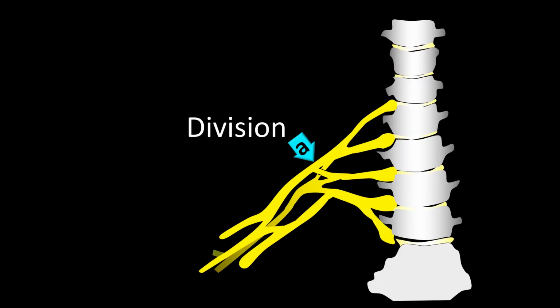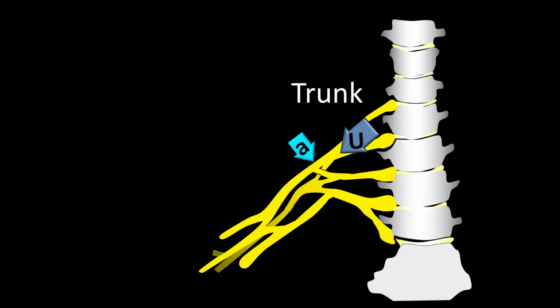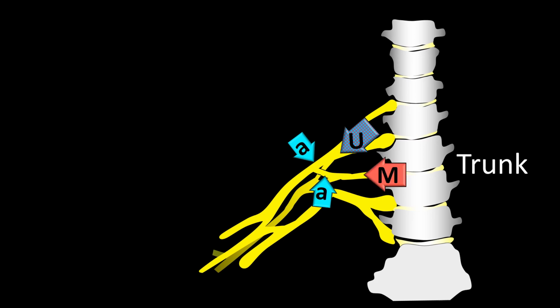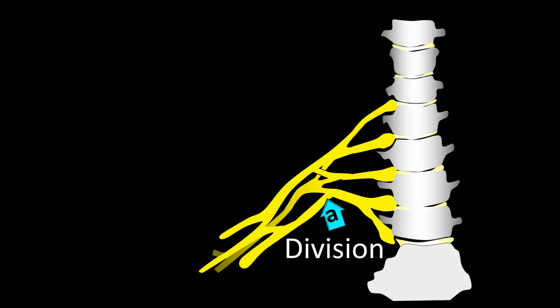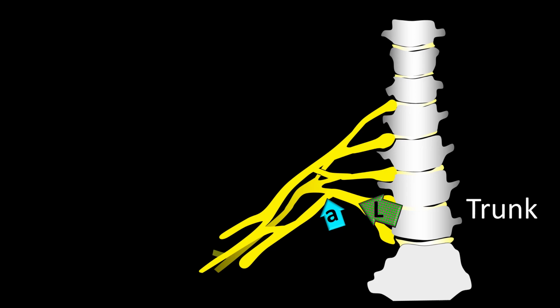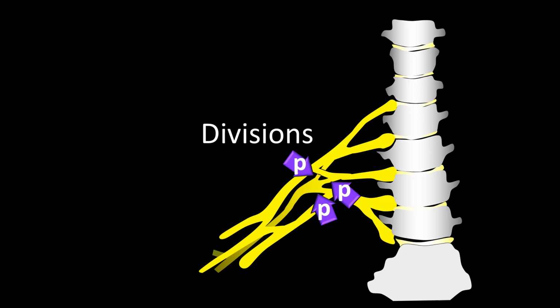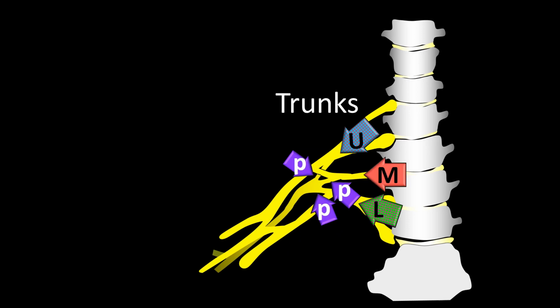The anterior division of the upper trunk and the anterior division of the middle trunk join to form the lateral cord. The anterior division of the lower trunk continues by itself forward, becoming the medial cord, and the posterior divisions of the upper, middle, and lower trunks join in to become the posterior cord.